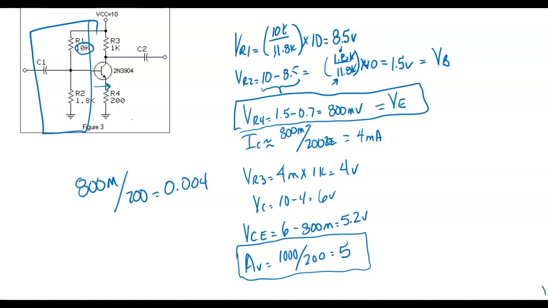So what region are we operating this in? If it was saturated, this right here would be less than 1 volt. If it was cut off, VCE would be equal to VCC, so you would measure 10 volts right there. But it's not, so it's between 1 volt and 10 volts, so this is in the active region.